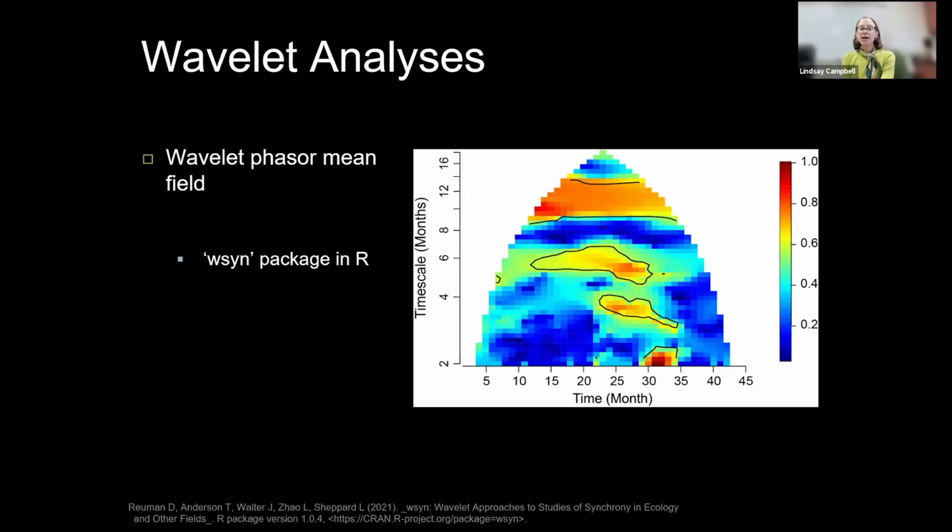Up at the top, you can see the 12-month time scale, which would be an annual time scale. If it's red, that means there would be strong synchrony, so the populations are fluctuating in a similar way at a yearly cycle across the full time series that you see on the bottom. So this is really about how these are fluctuating together across space and at these different periodic time scales.